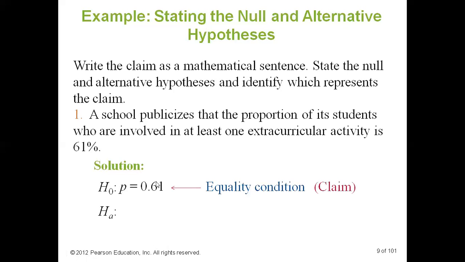H0 will be p equal to 0.61, because the proportion of students is represented by p, and its value is 61%, which can be written as 0.61. So this is an equality statement, written inside the null hypothesis. The alternative hypothesis will be p not equal to 0.61, which is the complement of the null hypothesis.